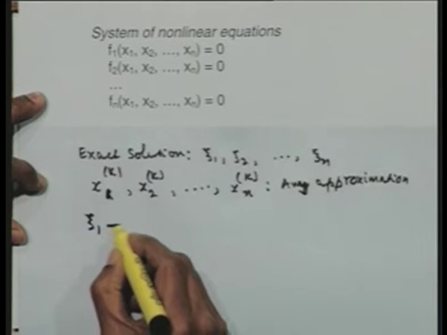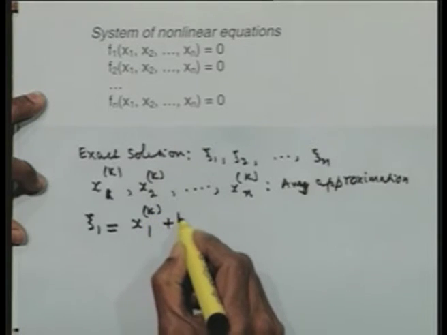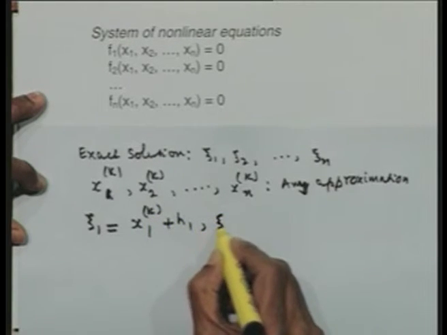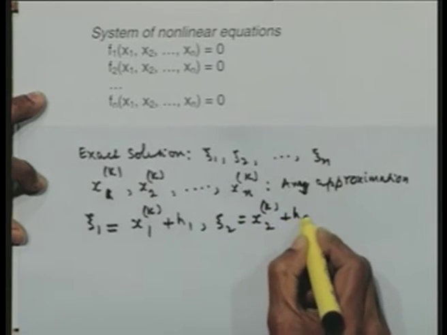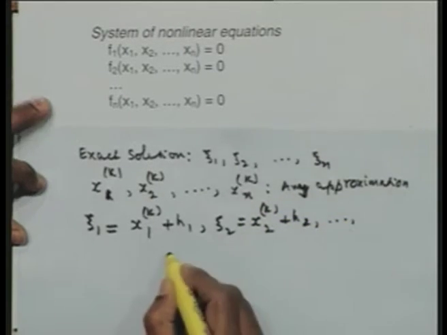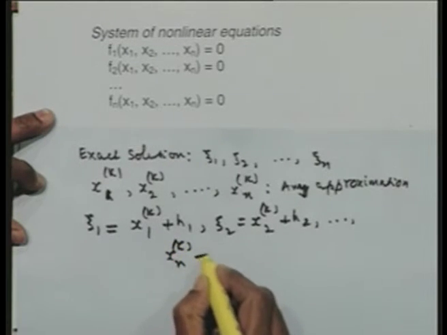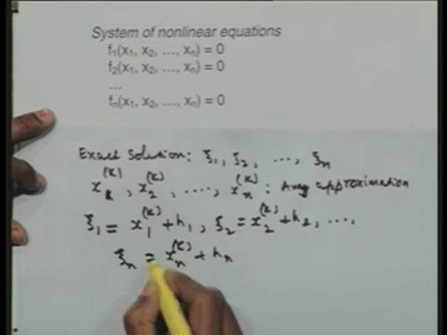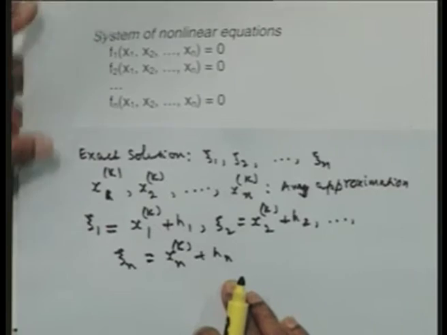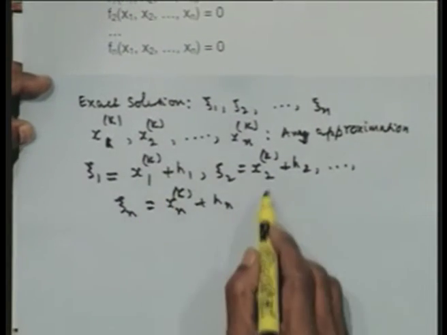That means, I will add: xi 1 is equal to x1 k plus some h1, xi 2 is equal to x2 k plus h2, and so on, xi n is equal to xn k plus hn. So, I am adding suitable quantities so that I get the exact solution.